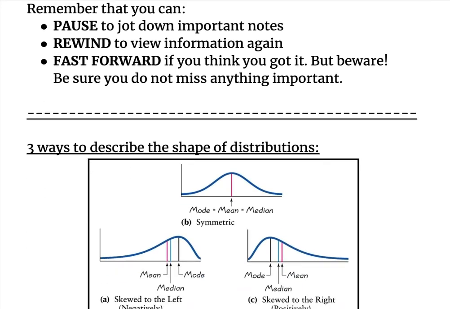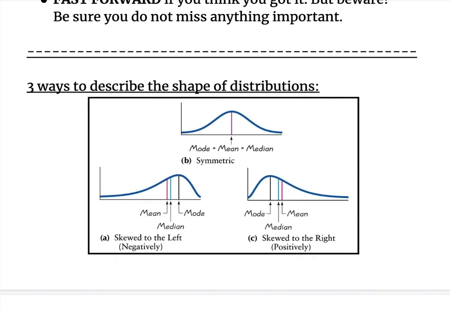All right, so when we talk about the shape of distributions, we're talking about how we would describe the way that the data is spread out. There's three ways to describe the shape of distributions. The most basic and typical one is just a typical bump, and that's called a symmetric distribution.